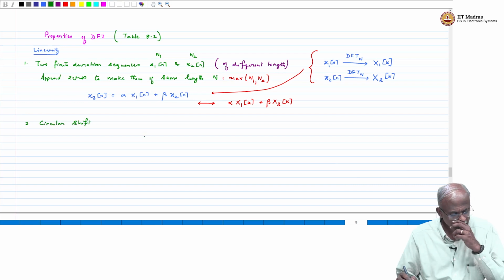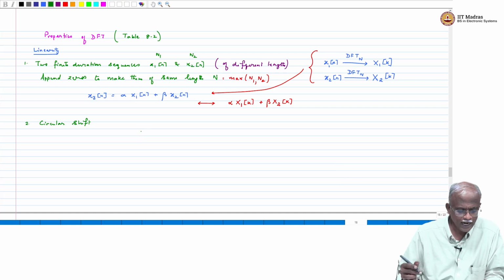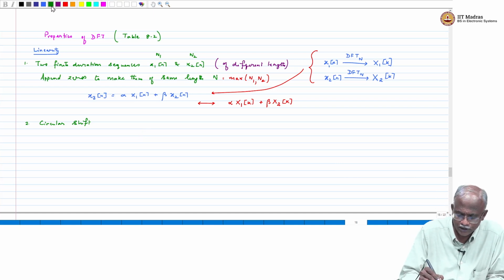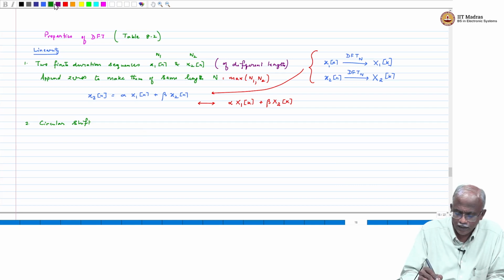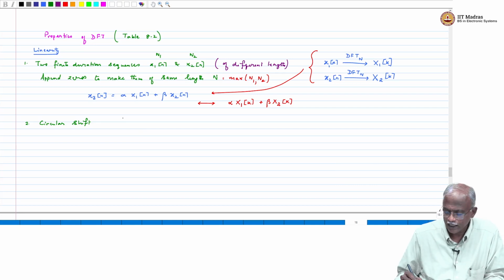Now let us look first at a circular shift in time. Just for reference, let us look at the corresponding relationship for the discrete Fourier series.